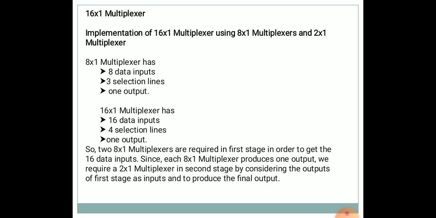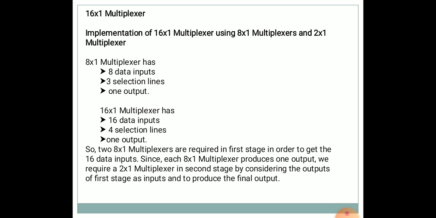So at the first stage, we use two 8 cross 1 multiplexers, and at the second stage, we make use of a 2 cross 1 multiplexer, considering the outputs of the first stage as inputs, to produce the final output.